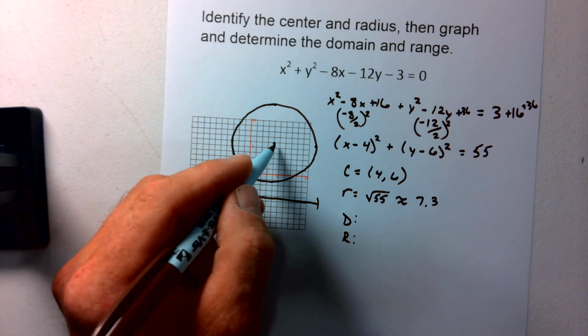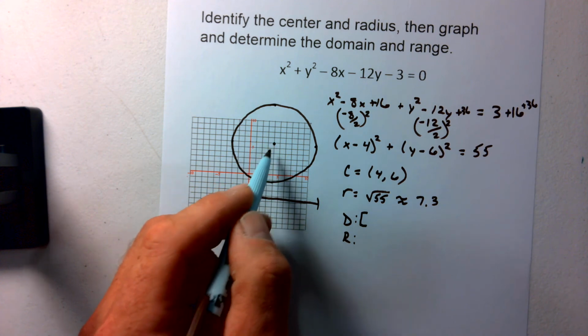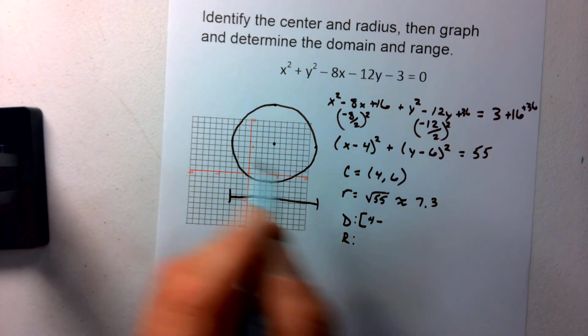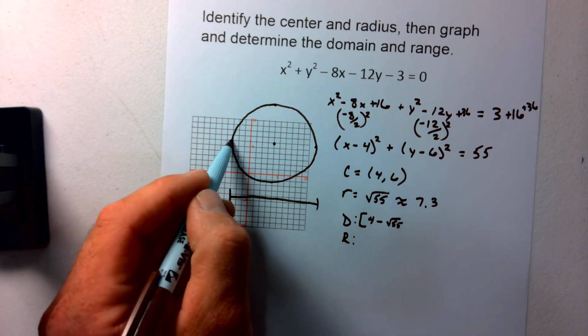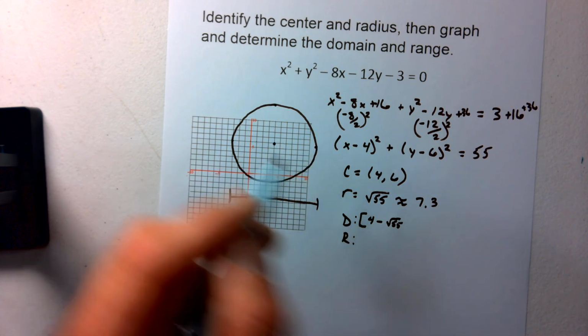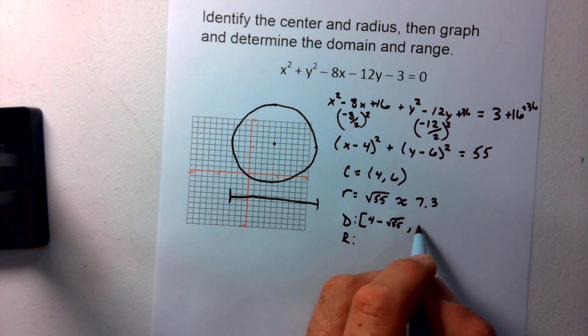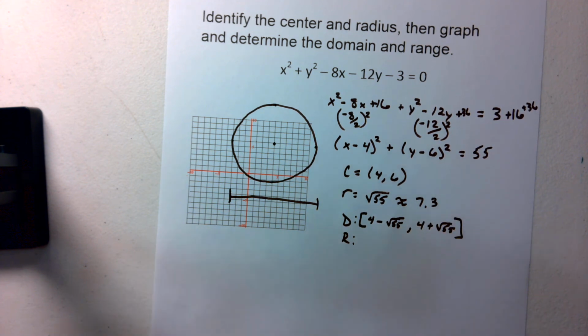So the domain is going to be 4 minus the square root of 55, which gives us that value there. And if I take 4 and add it, it's going to give me this point out here. So my domain is from 4 minus radical 55 to 4 plus radical 55, inclusive.